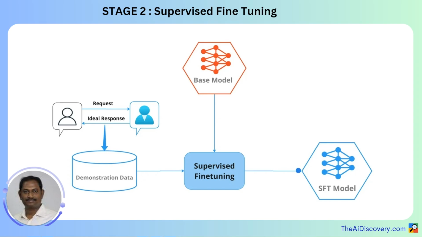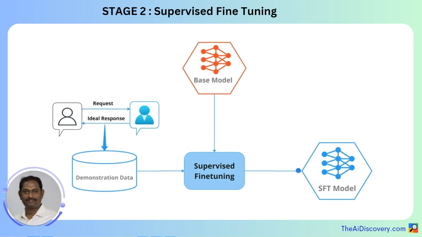It can answer politely and in a socially acceptable way, but the problem is that it can only understand and answer what it is trained for. We have a limited set of request and ideal response training data fed into the base model.